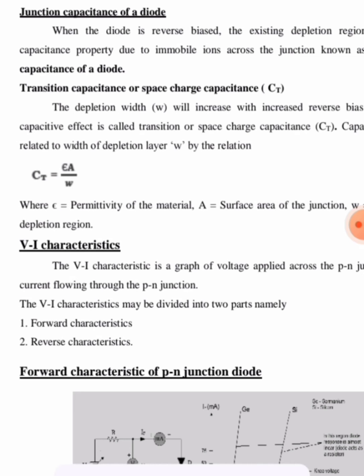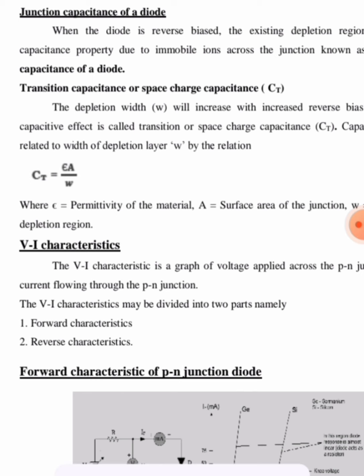Now let us see what is called the junction capacitance of a diode. A capacitor is nothing but two parallel plates where positive charges will be present on one plate and negative charges will be present on the other plate. The same kind of structure will be seen in the diode also near the junction. That is, whenever the diode is reverse biased, the existing depletion region exhibits the capacitance property due to immobile ions.